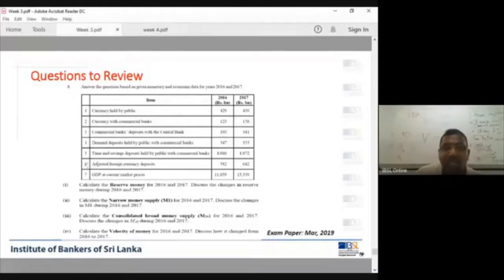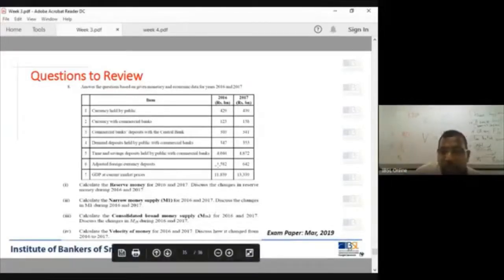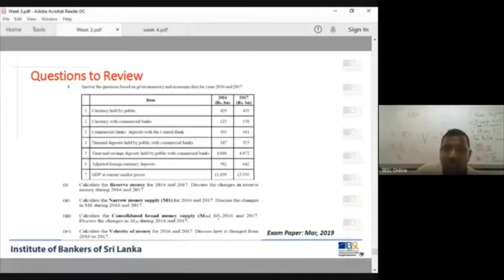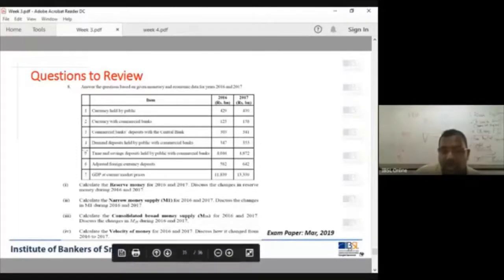There's another line given, 6, adjusted foreign currency deposits, which I told you are the deposits held by commercial banks in their offshore banking units. If it is only M2, it's sufficient to add M1 and line 5. But here we are asked to give M2B, so you have to add M1, line 5 and line 6.